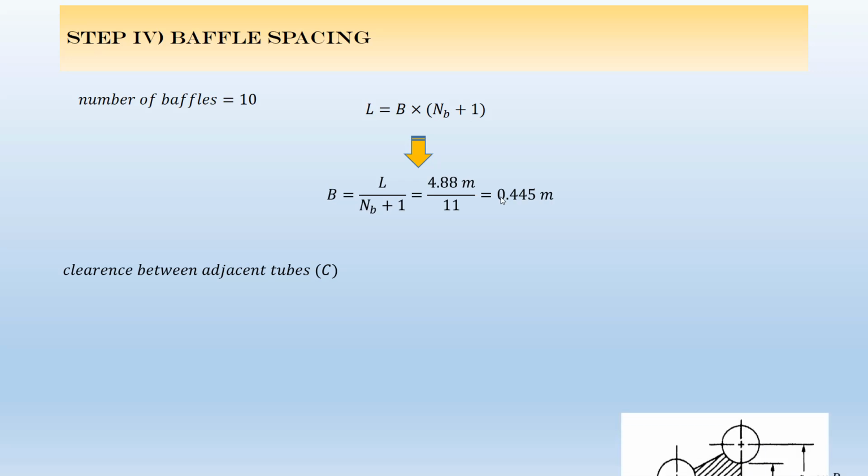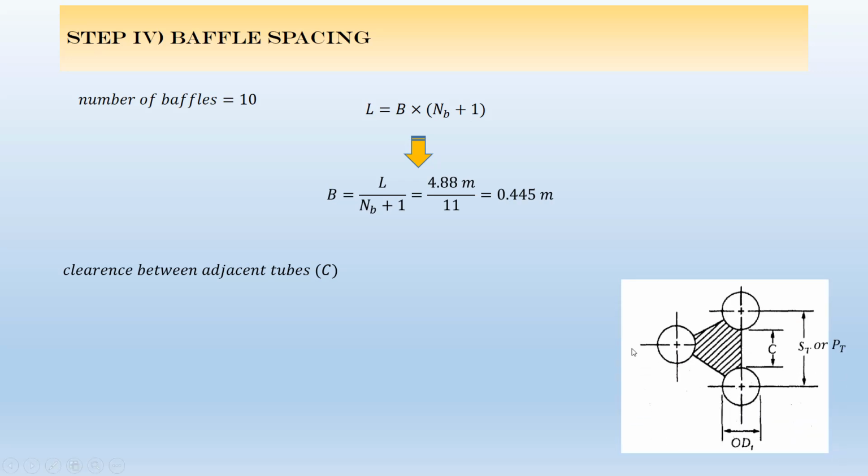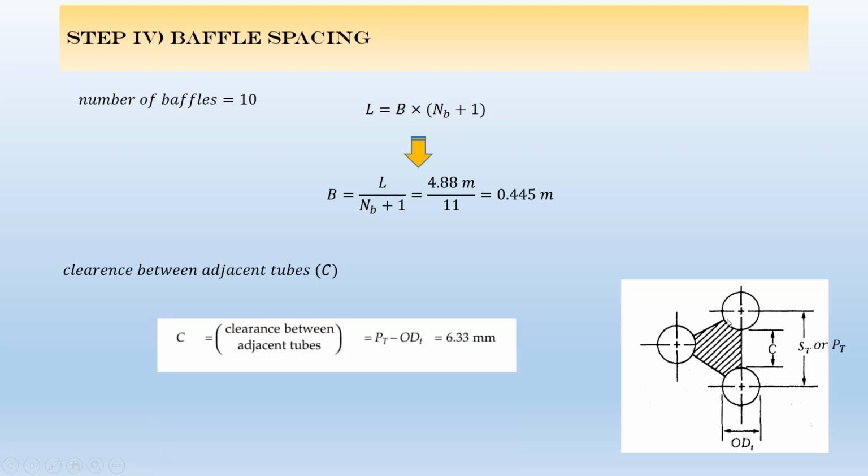So the clearance is the clear area between two adjacent tubes. Based on this figure, you can see that this clear space equals the ST or PT, which is the pitch size, minus the OD of the tube. We have the PT and the OD tube, so we can find C.